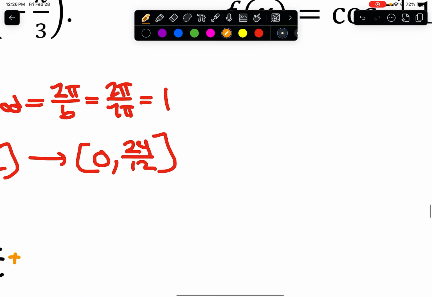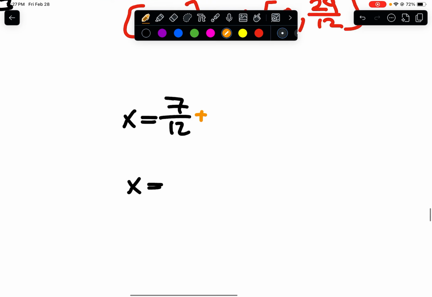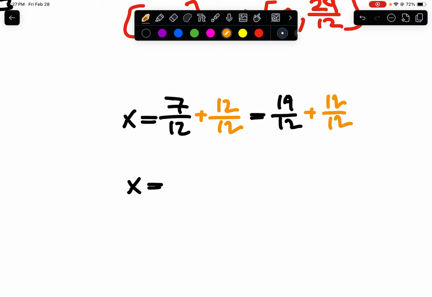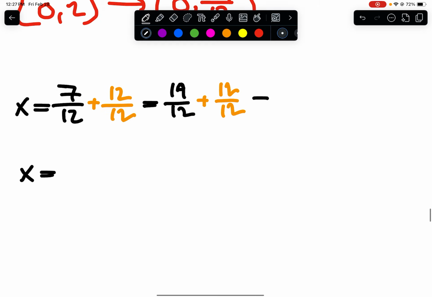If I have a period of 1, I'm going to rewrite it as 12 over 12 when I add it. So plus 12 over 12, and that's going to equal 19 over 12. And then I still want to add potentially another period because we want to find all possible within that interval. That's going to give me 31 over 12.